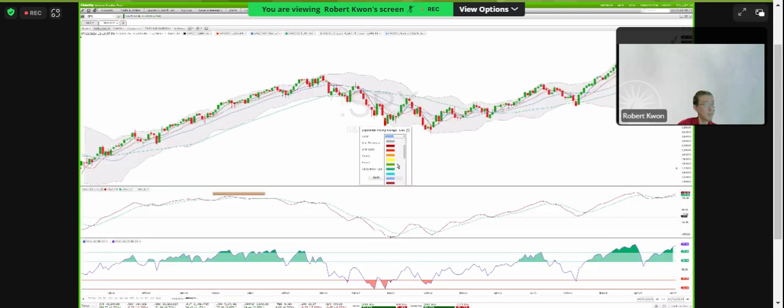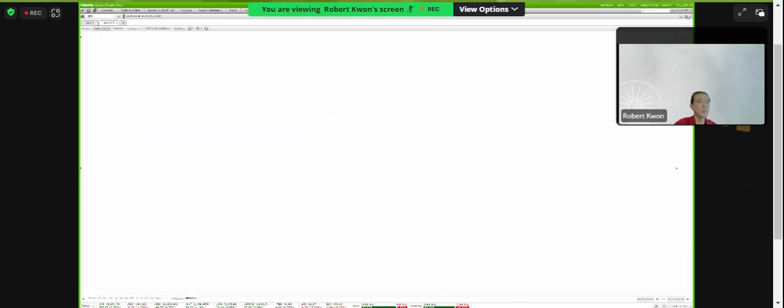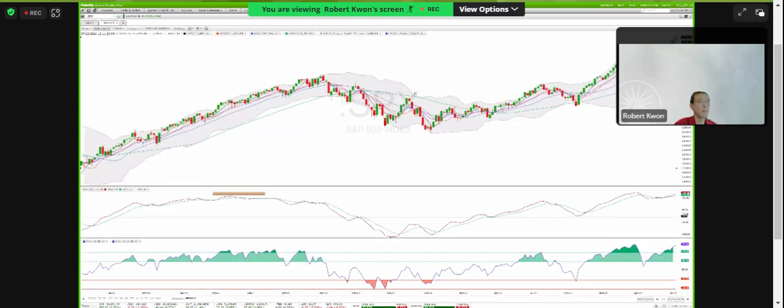I'll make this color here. Make it purple. Apologize for the lag, folks. I have probably so much stuff on the screen that it's not responding quickly. So got the purple line. Let me bold it actually, so it really jumps out.